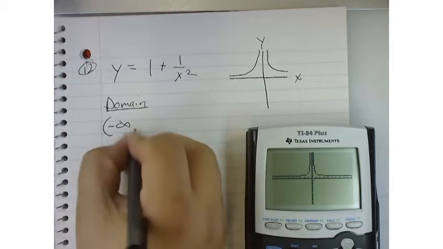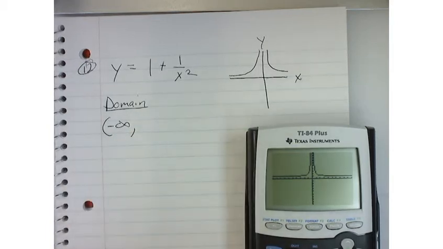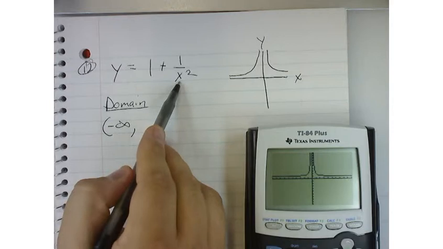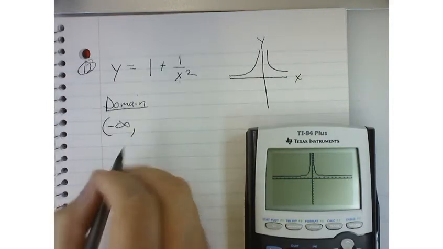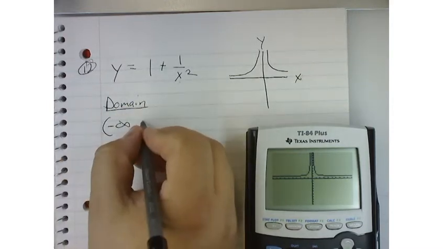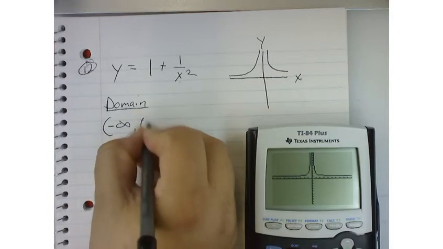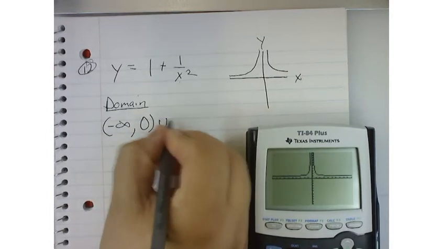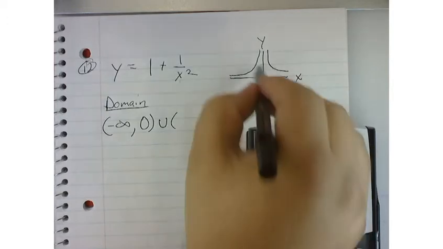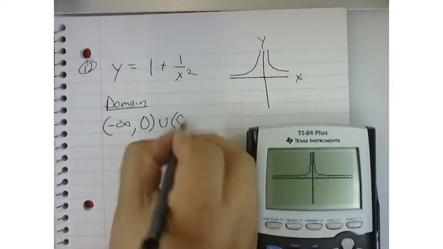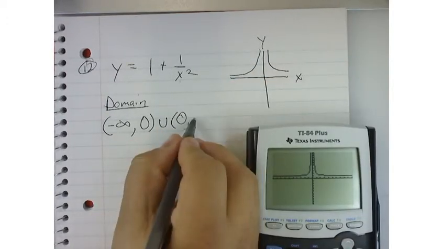Comma, how far do you think I can go to the right? 0. Yeah, can I include 0? No, because when I plug 0 in here, it becomes undefined and it's not pretty. All right, so then this becomes 0 in union with, if you go to the right hand side, it looks like the same thing. You can go from 0 to positive infinity.